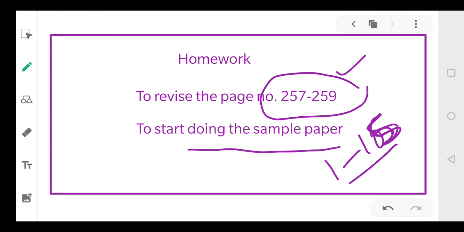Read each line of NCERT. NCERT is your Bible everyone. You just go through each line of NCERT, okay? And then you will complete the first 15 question answers of the sample paper. Right everyone? So that's all for today.